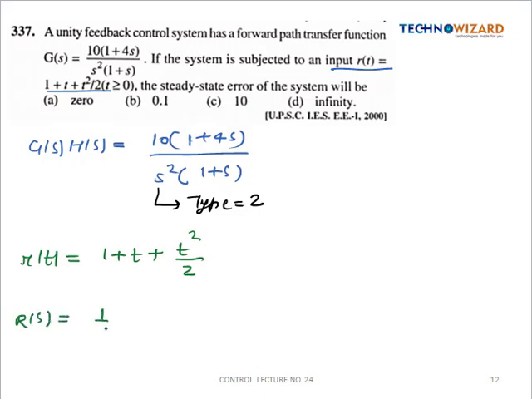Laplace of 1 is 1 by s, plus Laplace of t is 1 by s square, plus Laplace of t square is 2 factorial by s power 3, with the 1 by 2. So R(s) will be equal to 1 by s plus 1 by s square plus 1 by s cube.